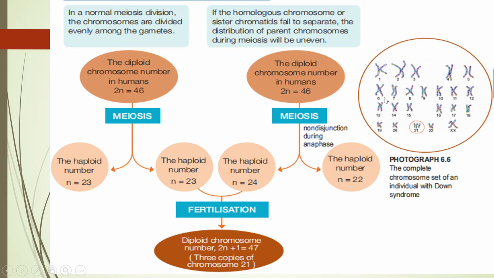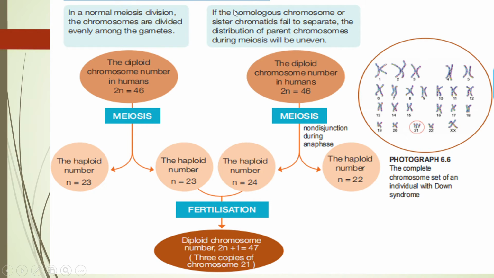Okay, so look at this schematic diagram. If normal meiosis happens, diploid is 46, meiosis, formation of gametes, so you get 23, 23. Then fertilization happens; this is for normal individuals.